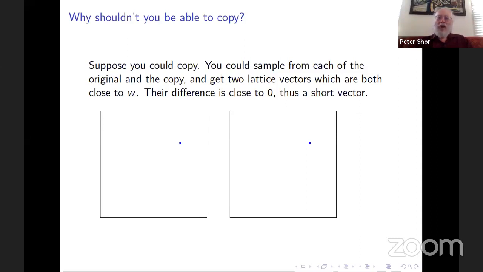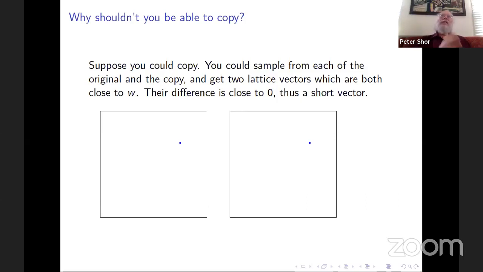Now if you subtract these two lattice vectors, their difference is close to 0. And I found a short vector in the lattice, which we know we cannot do unless you can find arbitrarily short vectors in an arbitrary lattice. Why is this? Well, you could take any lattice and anybody can make a quantum money state. They won't have the right serial number, but it doesn't matter.